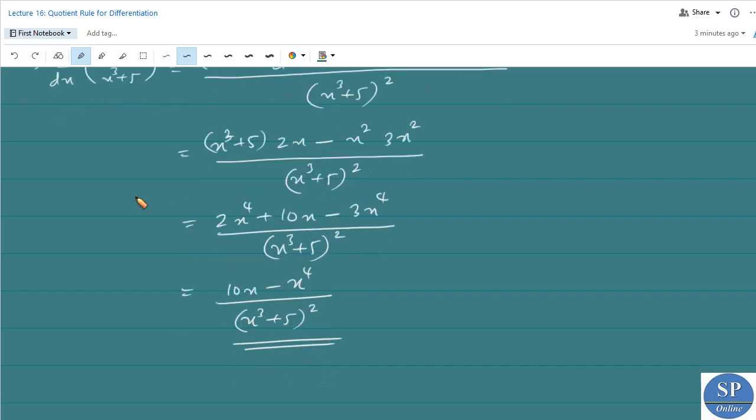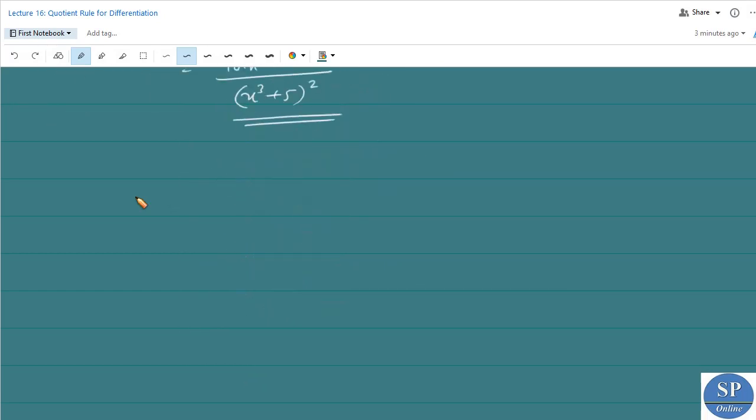Next we can discuss another question. Find the derivative of h of x is equal to 2x plus 1 divided by x square minus 2.